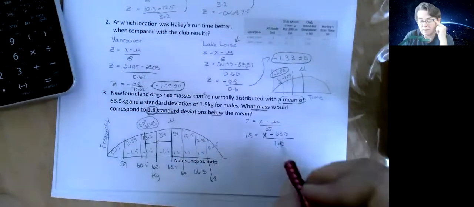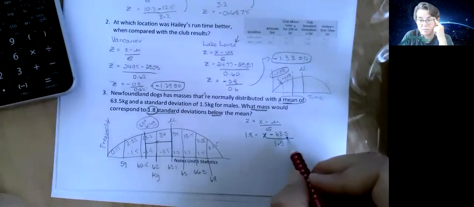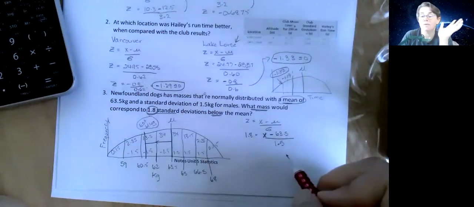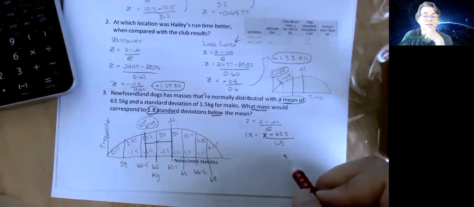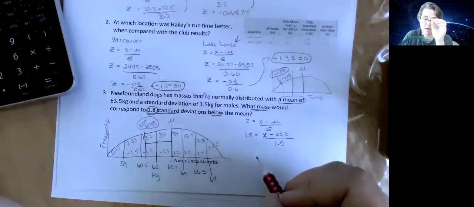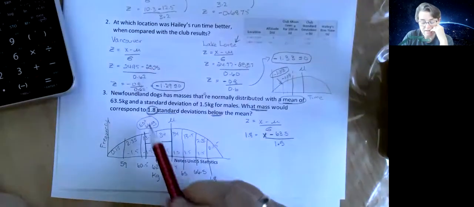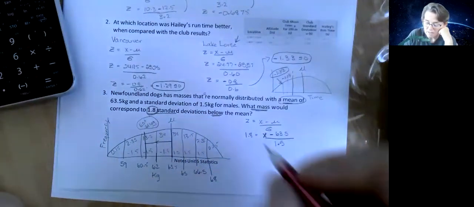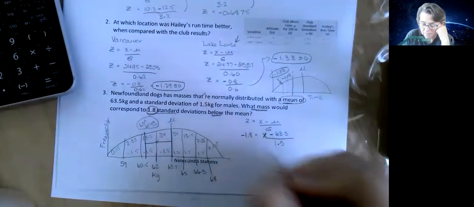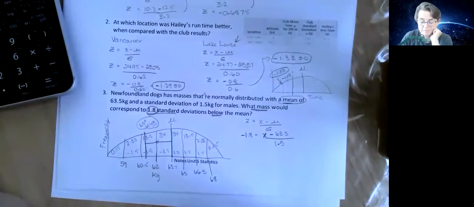Besides, if you put the 1.8 there and use the 63.5, you get some huge number and it shouldn't make any sense, right? Because your z-scores, remember, have to be between -3 and +3. Speaking of which, if this is a standard deviation below the mean, that should be a negative.